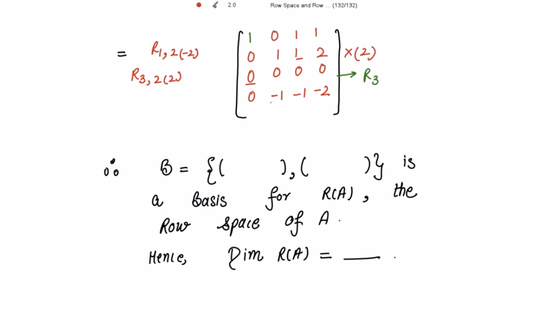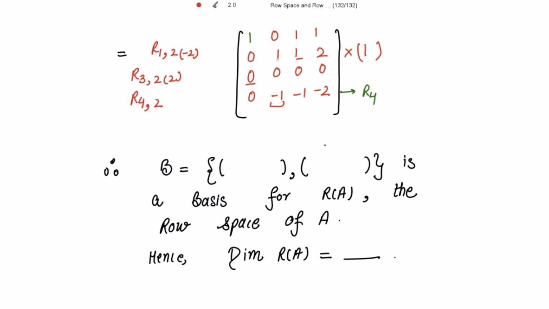We are required to make this now 0, so that this one becomes your leading entry. So now I need to change row 4. The required row operation is changing the elements of row 4 by adding the elements of row 2, but the elements of row 2 should be multiplied with, yes, 1 only, right?